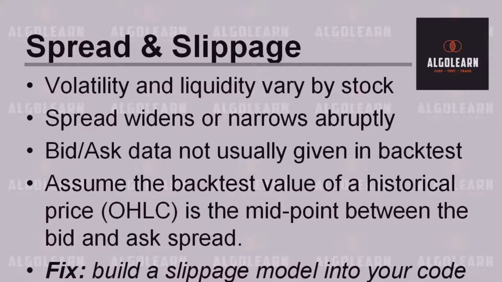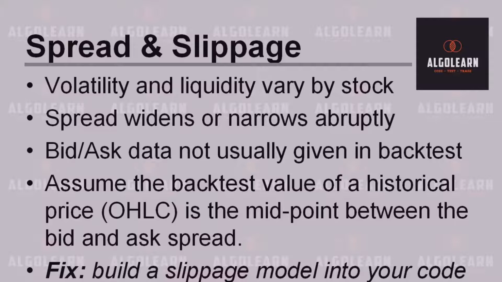Very difficult to model. And in the backtesting, there are times where stocks have their spread widening and narrowing, and we're not necessarily taking that into consideration in the backtest. And why? Well, bid-ask data isn't usually given in the backtest, right? The spread is the bid and the ask.